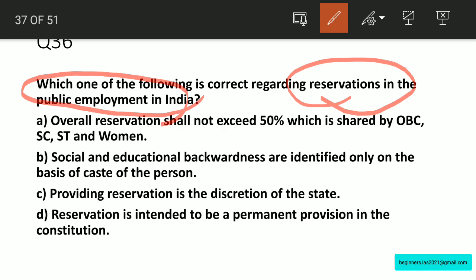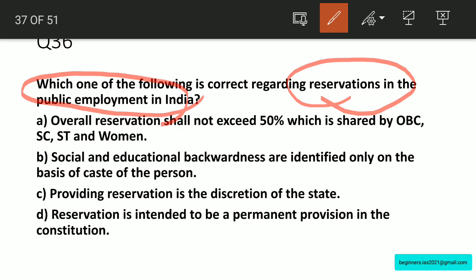Also, the backwardness of the individual is determined by economic factors like the economically weaker section category. Also, reservation is a temporary provision, it remains at the discretion of the state, and it is not a permanent feature. So these are the things one has to know.